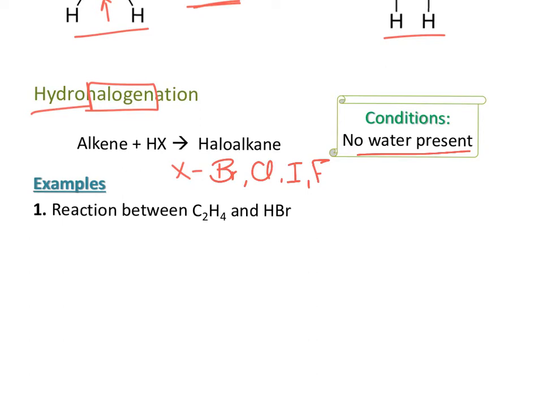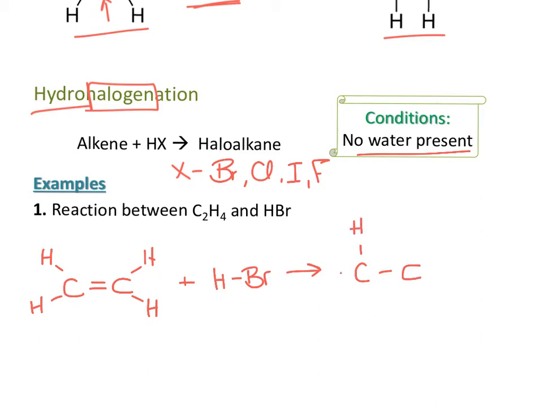So we start with the reaction between ethene and hydrogen bromide. We're going to do this in structural formulas. Ethene, C2H4. We add in hydrogen bromide. What's going to happen is the double bond becomes a single bond.